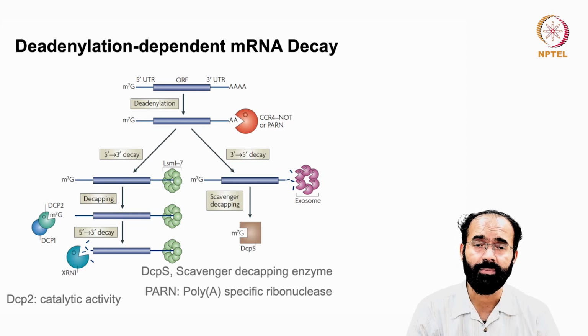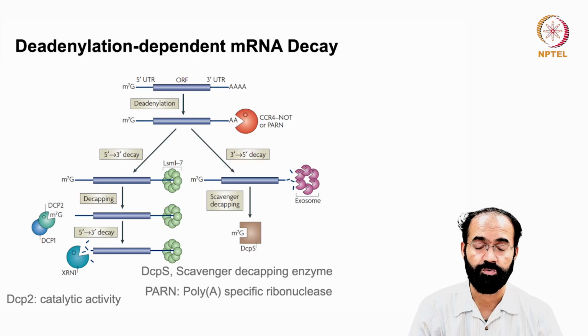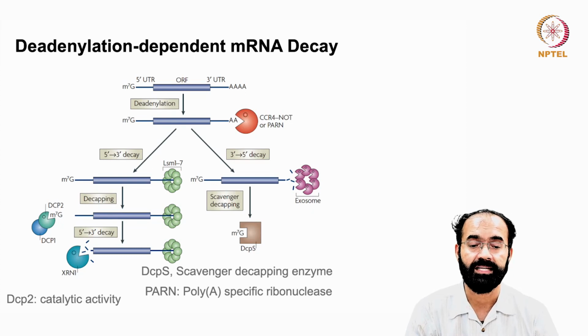So the exosome itself is capable of doing the 3' to 5' exonuclease activity, but this will be further aggravated, just like putting salt in the wound. It will further exacerbate the situation by introduction of DCPS, which is a scavenging enzyme, scavenger decapping, that will start at the 5' end.